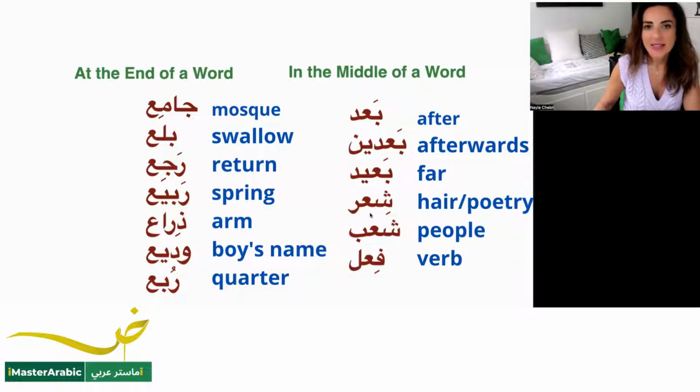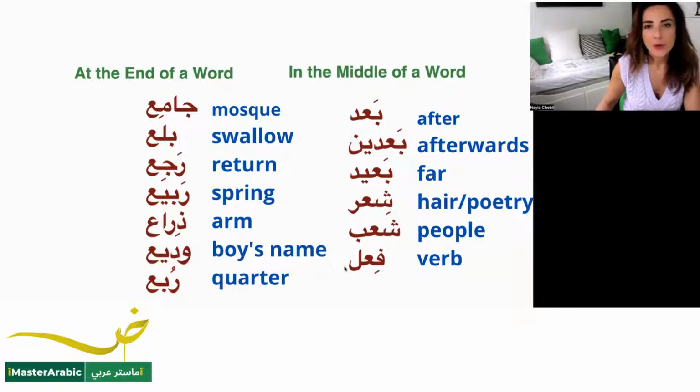And hair is شعر. Next one is people. شعب. شعب.